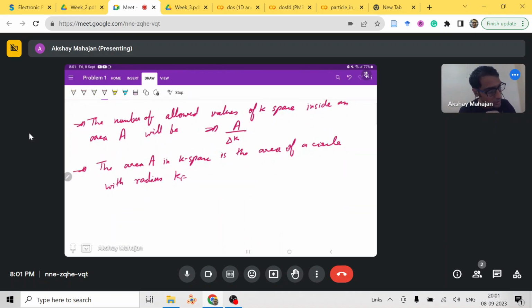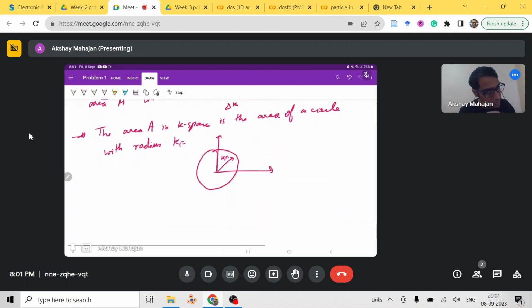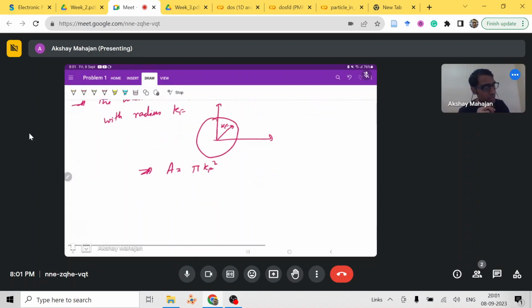As we have done for the 3-dimensional case, where it was a sphere, in 2D this will be a circle. So area A will be equal to pi kf square, where kf is the radius. So in 3D we were taking volume, in 2D we will take area.